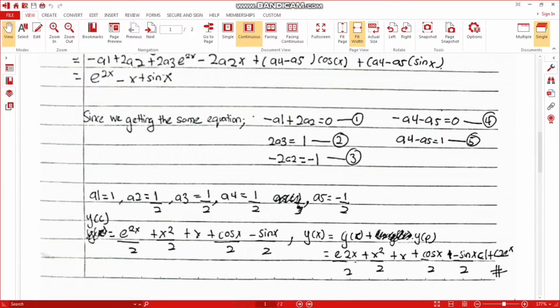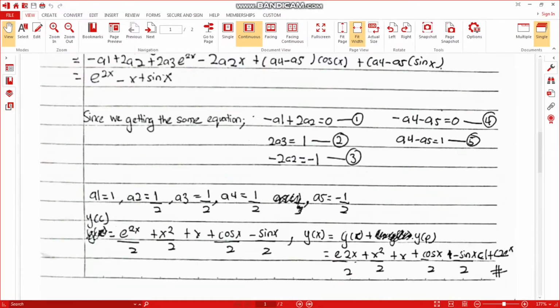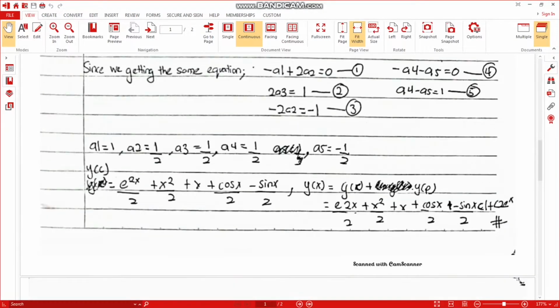So then we plug out five equations. So these are the 5 equations, and then we can differentiate and determine the simple values. So a1 equals to 1, a2 equals to 1 over 2, a3 equals to 1 over 2, a4 equals to 1 over 2, and a5 equals to negative 1 over 2.